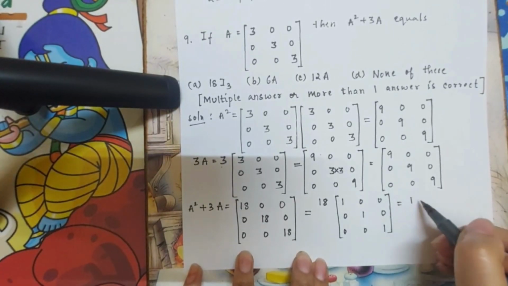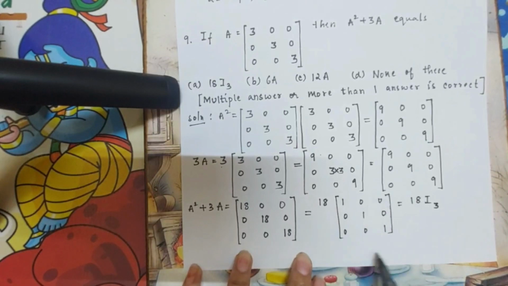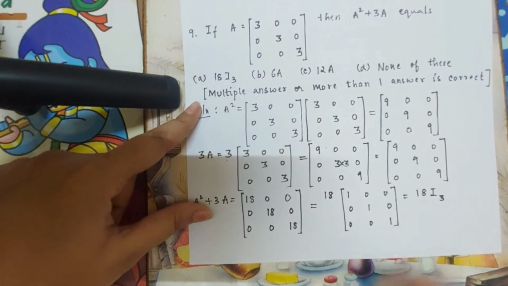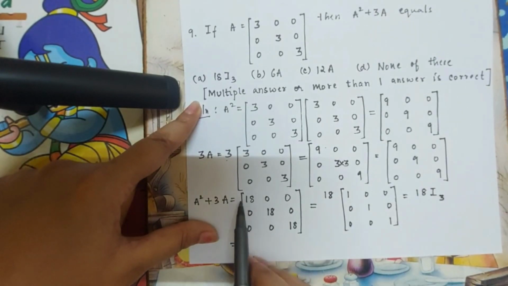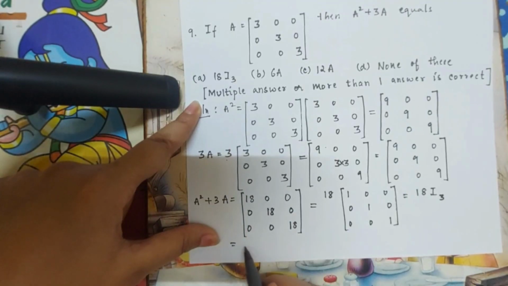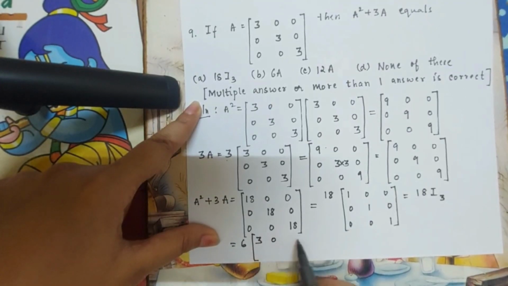So this is 18 I3. Why? Because this is the identity matrix of order 3 cross 3. Also, if I take out 6 from this matrix A square plus 3A, I'll be able to get 6 3s are, 0 0, 0 3 0, 0 0 3.